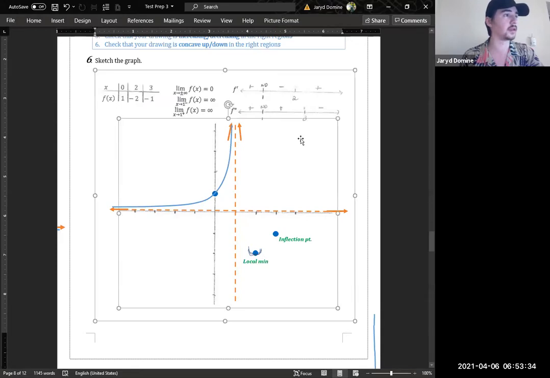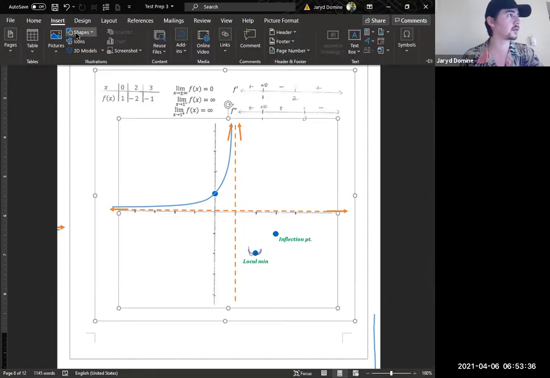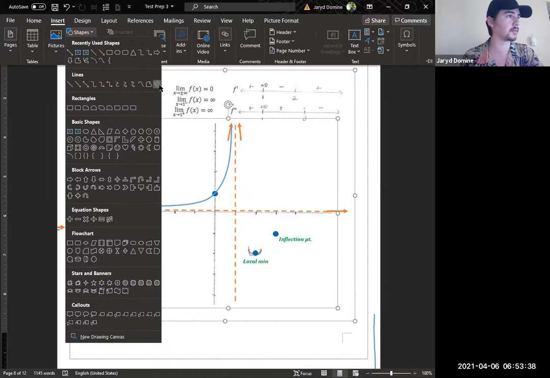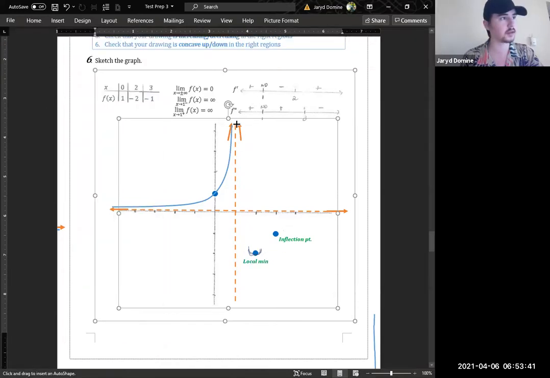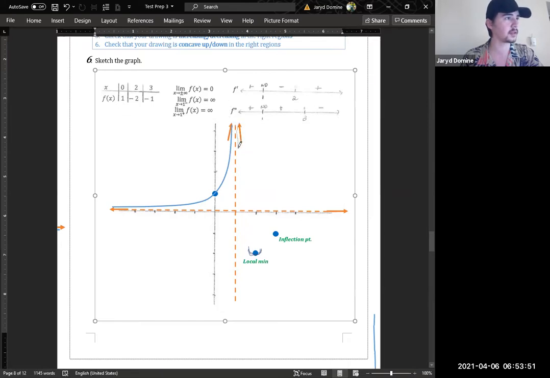Okay. Next thing is we have to connect through these 2 points. So we come off of this vertical asymptote. We have to connect through these 2 points and then approach this horizontal asymptote. And so the way we can do that is we come down. We know that because this is a local min, we're going to turn around here.